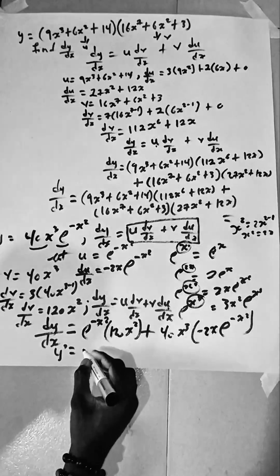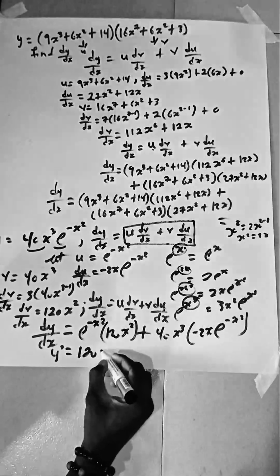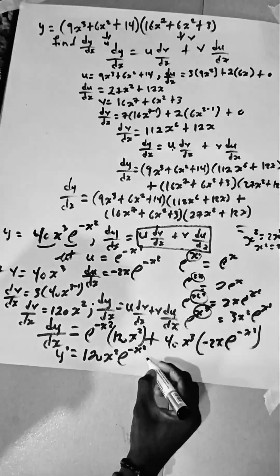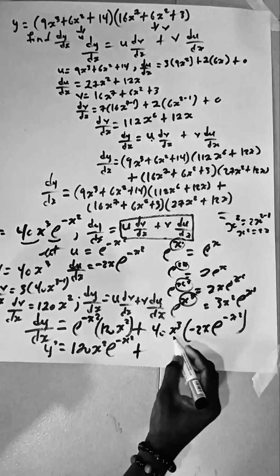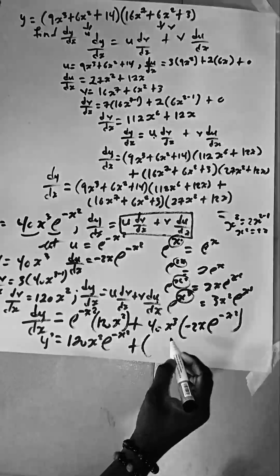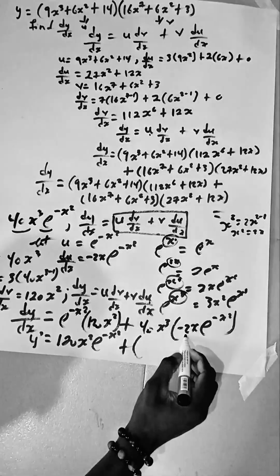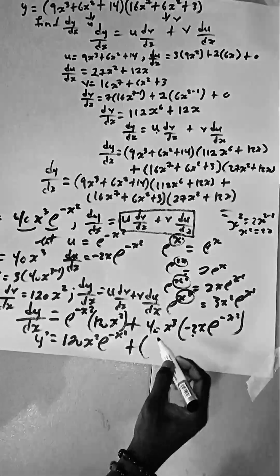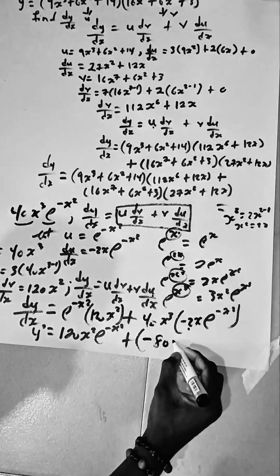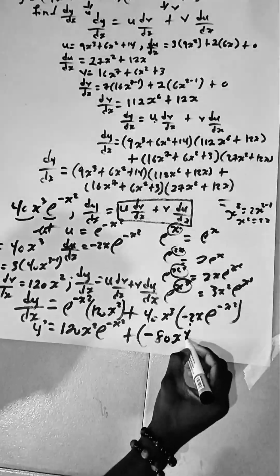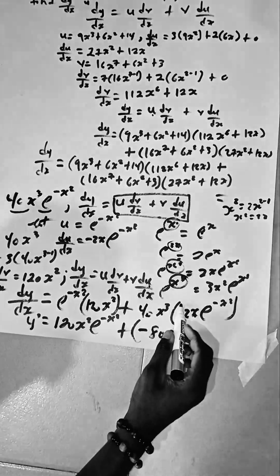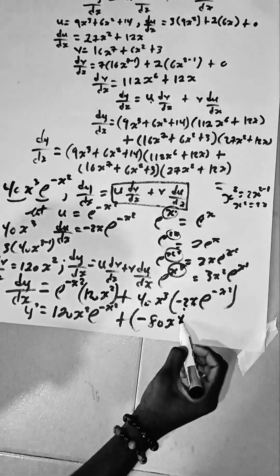So let's expand this. So we have 120x squared times e raised to the power minus x squared, then plus open bracket 40 times minus 2. Oh, we even have 2x's here. So 40x cubed times minus 2x is just going to be minus 80x raised to the power 4, because x raised to the power 3 times x raised to the power 1 becomes x raised to the power 3 plus 1, 4 from your laws of indices.